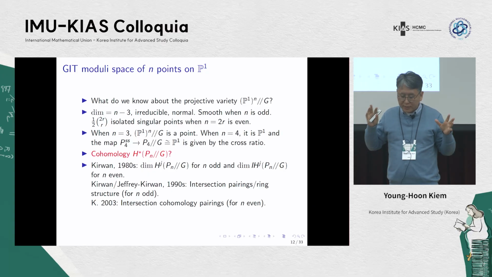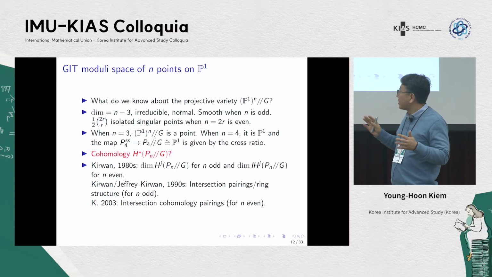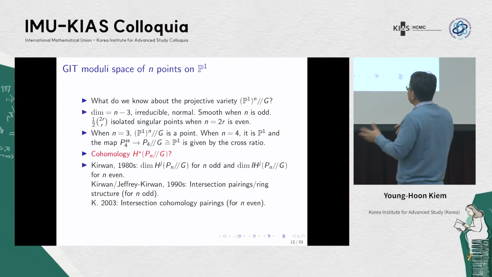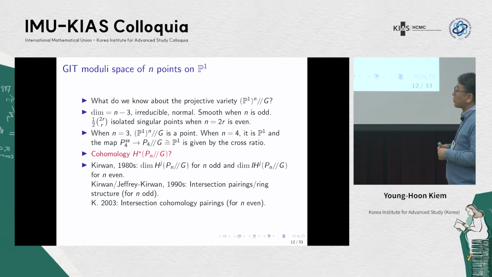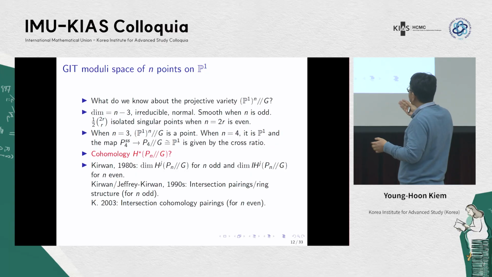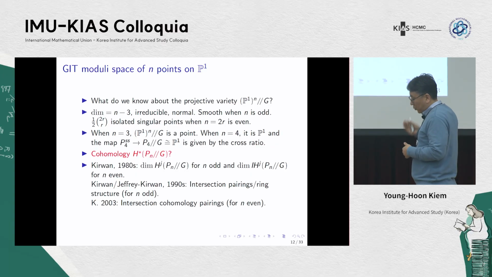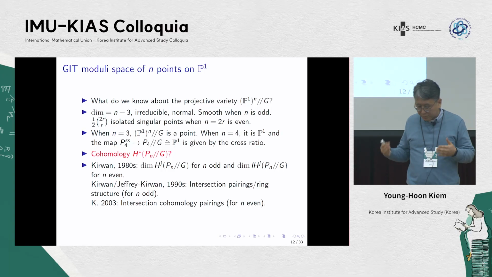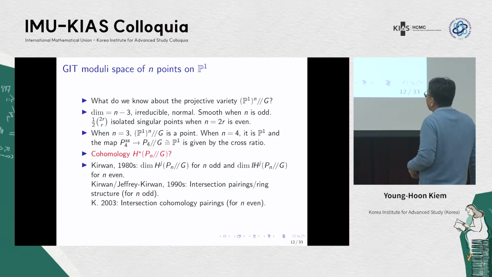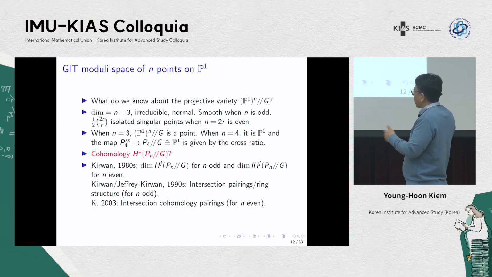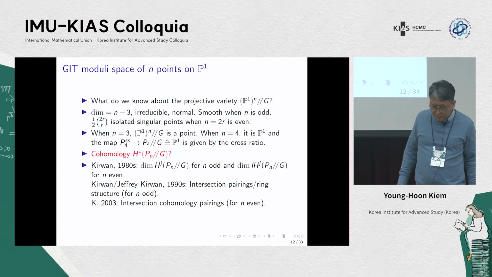But when n is even, there are finitely many isolated singular points. Some examples: when n is equal to 3, the GIT quotient is a point, M_0,3 was a point. When n is equal to 4, the GIT quotient is just P1. And so on. We can work out some examples for low n.